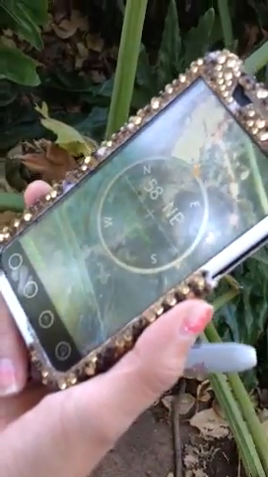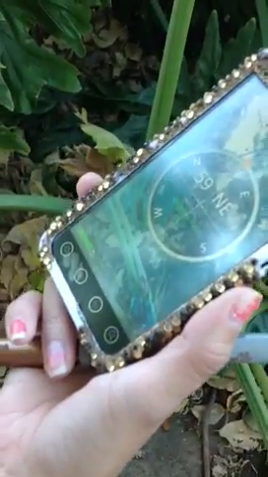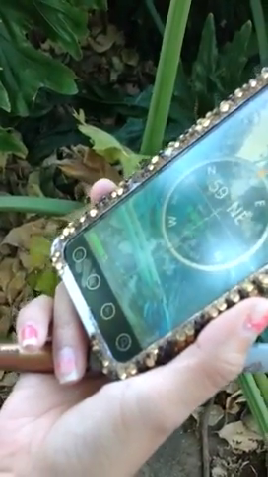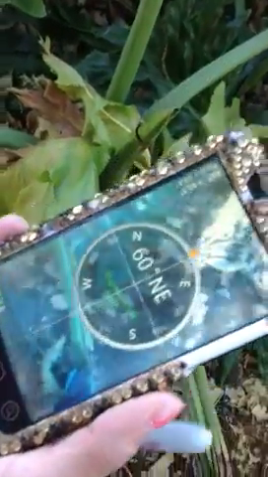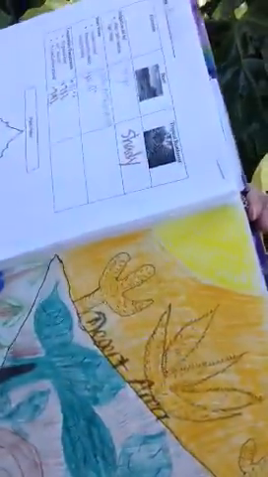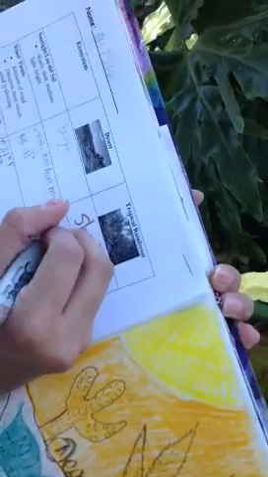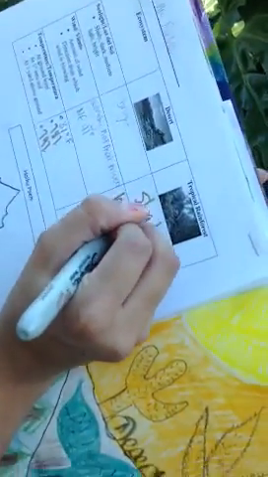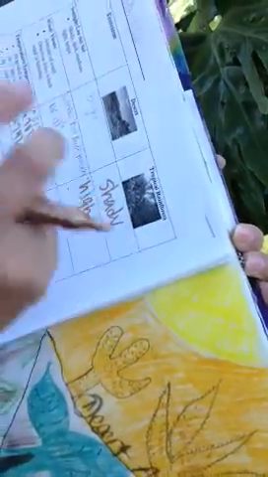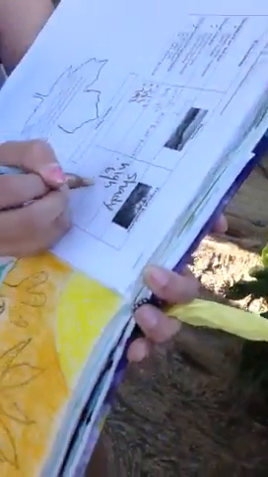And apparently from this direction is supposed to be northeast. 59 or 60 northeast. So we would go ahead and write that down. Okay, so over here the amount of wind is kind of high, because it comes and goes. And the direction from which the wind is blowing would be northeast, about 61 degrees.